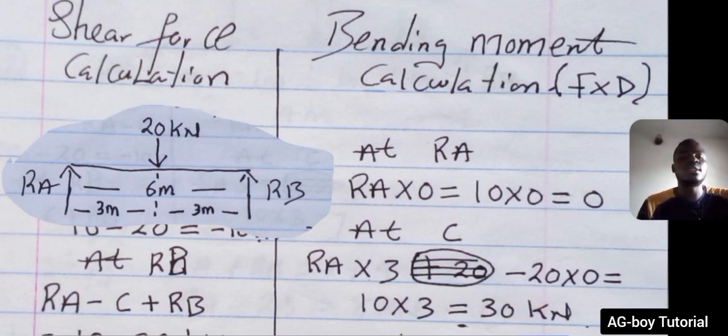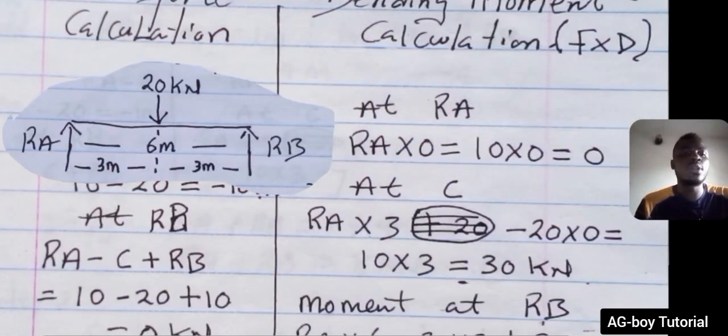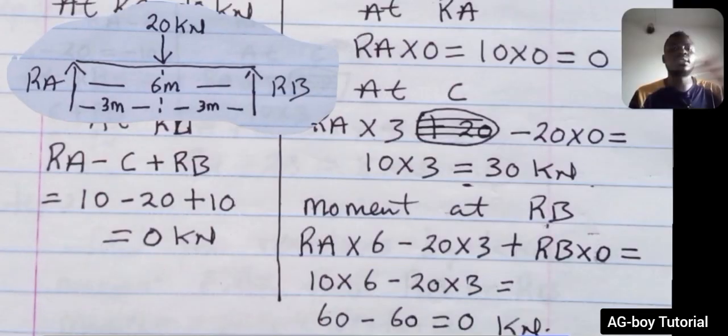So going down, we are going to take our moment at RB, which is next. Now moment at RB is going to be RA multiplied by the distance 6. RA here multiplied by the distance from RA to RB, which is 6 meters. So then our 20 kilonewton, which is pulling it downward, is going to be negative.